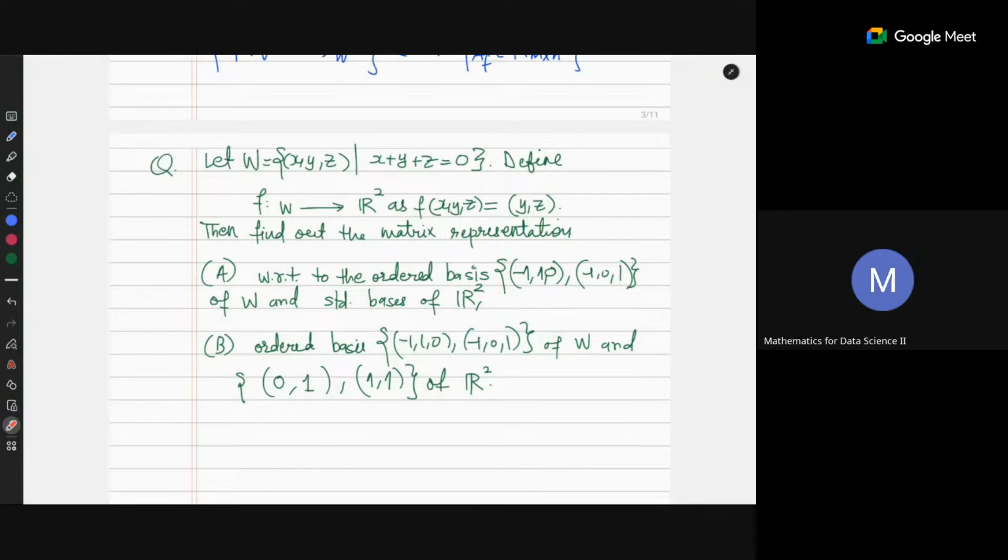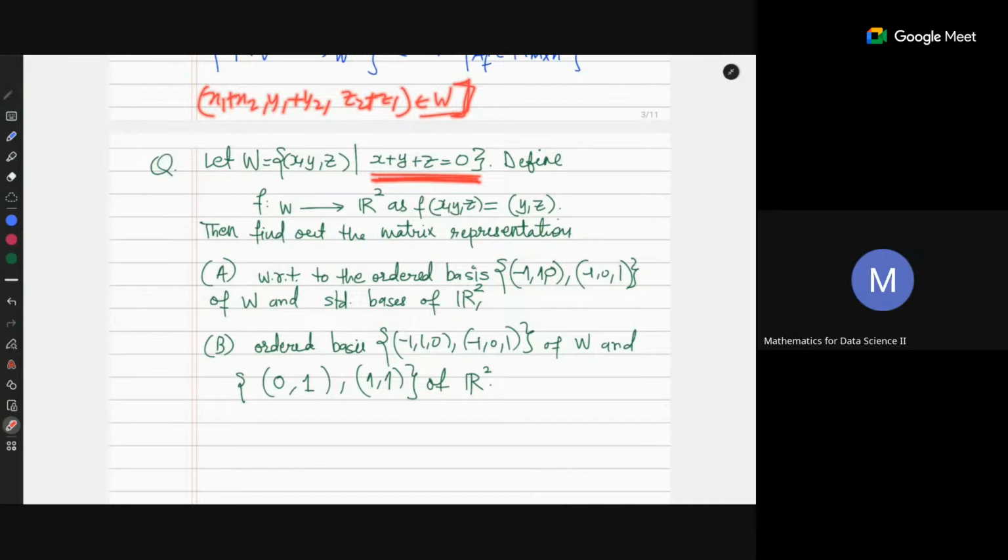That is true. So in order to show that this is a subspace, you take two vectors (x1, y1, z1) and (x2, y2, z2) and look at their sum. Their sum will be (x1 plus x2, y1 plus y2, z1 plus z2). Now, in order to be in W, it needs to satisfy this condition.